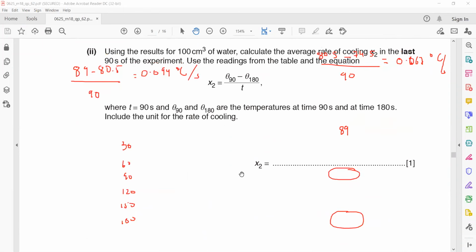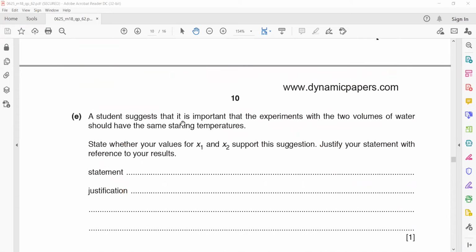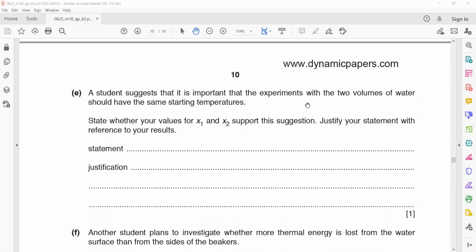So in the question they ask, a student suggested that it is important that the experiment with two volumes of water have the same starting temperature. State whether your values of x1 and x2 support this suggestion and justify your statement with your result.